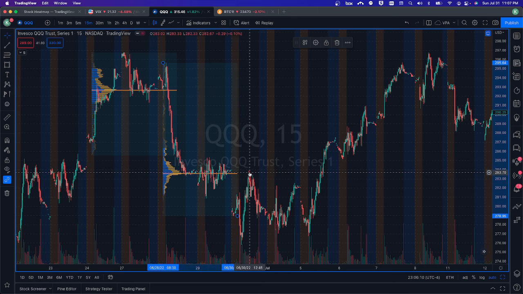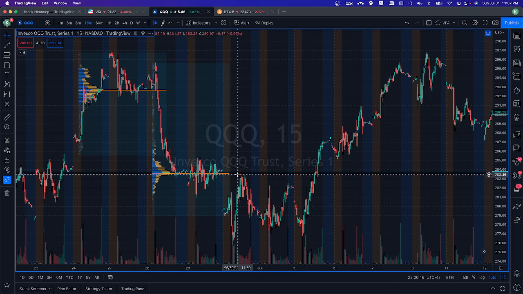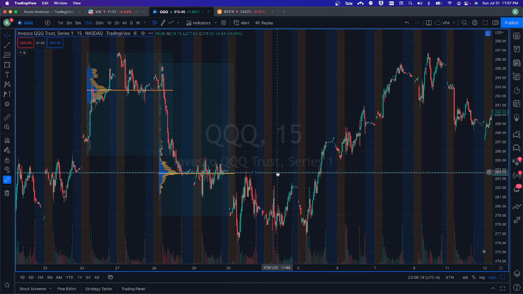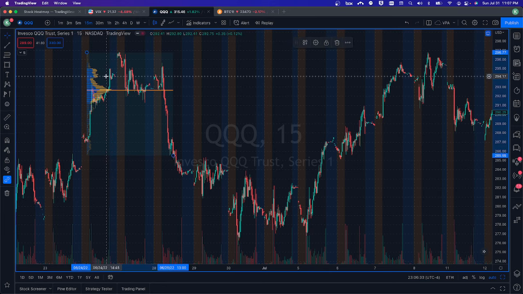When we come back up, sure enough, it rejects right off this POC, drops again, comes back up. Eventually we do get through it, right? These areas won't be defended forever. Eventually they do burn up. Any of the sellers or the buyers, whoever's defending the area, do eventually get exhausted with enough power behind a move. But you can line this up on prior moves and get some amazing trades out of it.